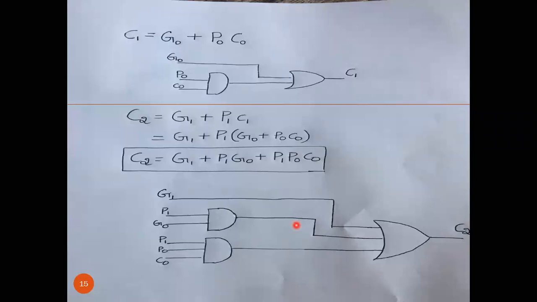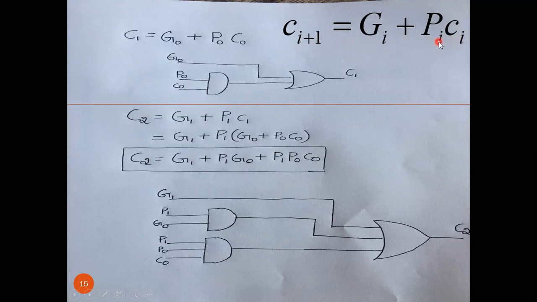Please recall our equation: C(i+1) equals Gi plus Pi into Ci. From the full adder carry circuit, I just got this equation. Now, I have to produce 4 carries, C1, C2, C3, C4, because C0 is the initial carry, which will always be 0.